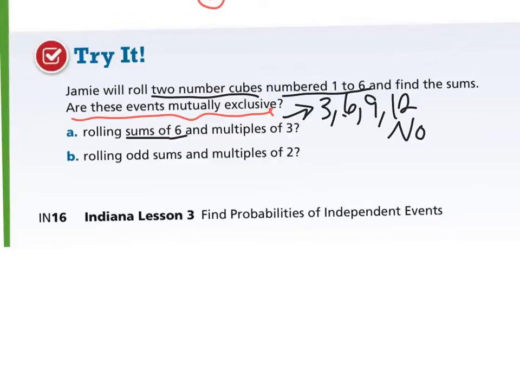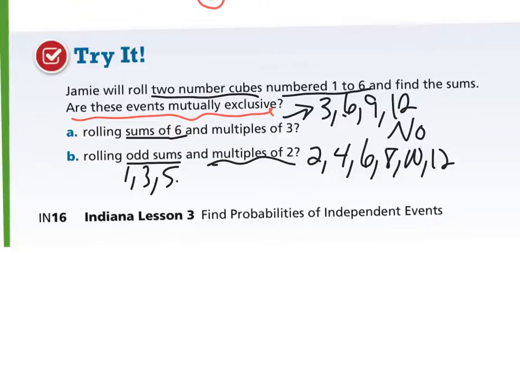Another example here, rolling odd sums and multiples of 2. Multiples of 2, 2, 4, 6, 8, 10, 12. And odd sums, well, odd sums would be 1, 3, 5, 7, 9, 11. Those, there is not any overlap.